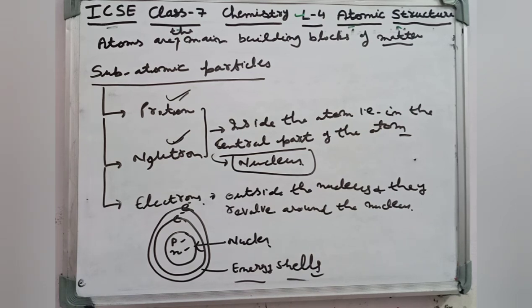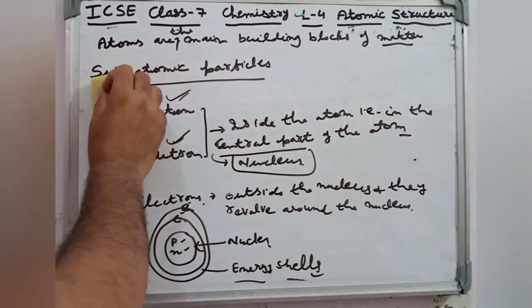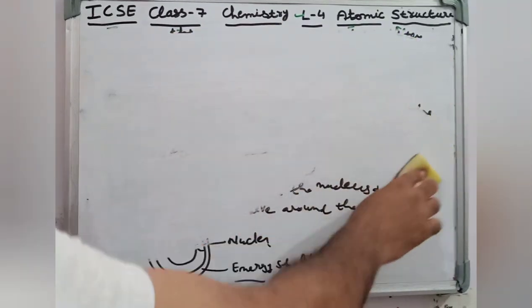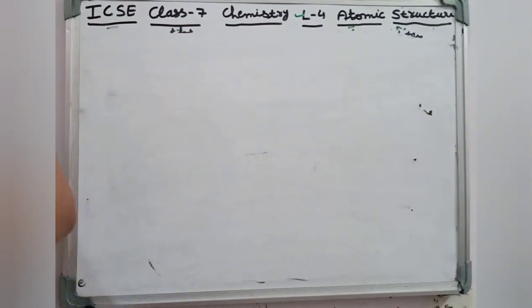Here we have understood proton, neutron and electrons having different energy shells. Now from here onwards we will deal with some definitions.